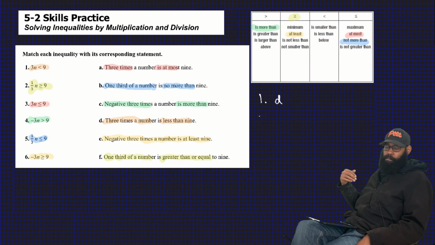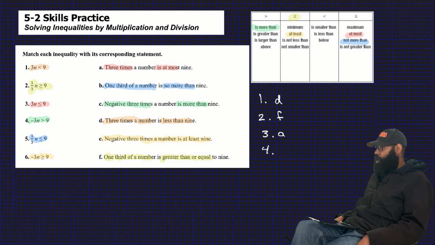This is me being an excellent student. 1 is D, 2 is F, 3 is A, 4 looks like C. I see you. And of course, 5 gives me B. And the last one there, 6 has to be E.